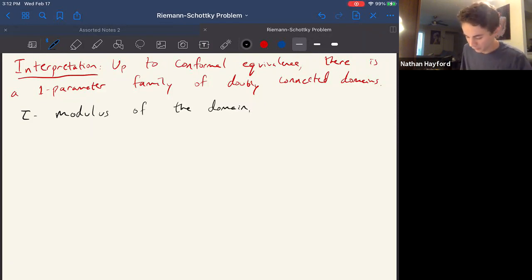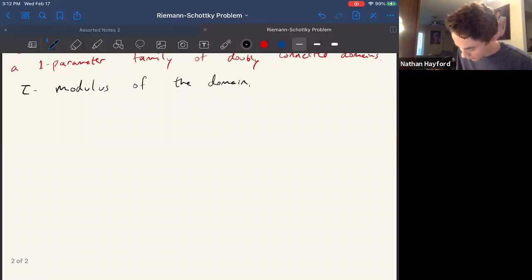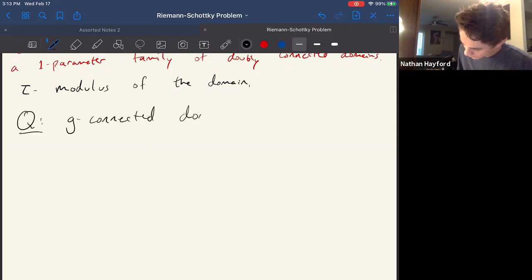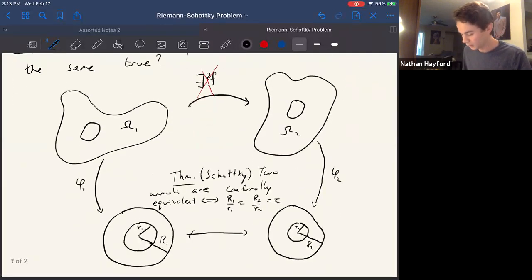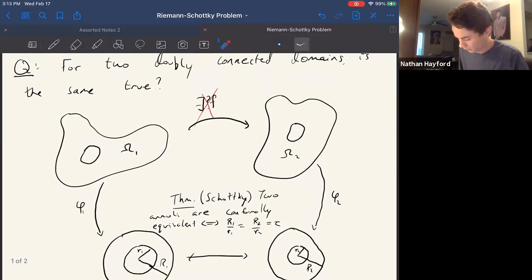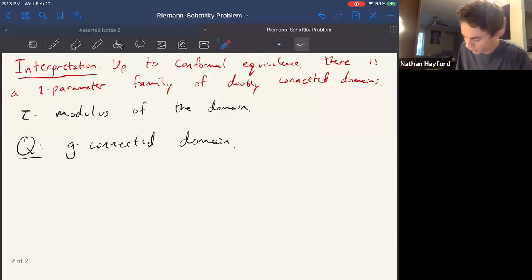So let's go even a little bit further, because I think this was the cleanest introduction I could think of. A further question: if I have a G-connected domain, based on our previous analysis, it probably won't be true that there will be conformal equivalence between two G-connected domains. Let me draw the picture really quick.